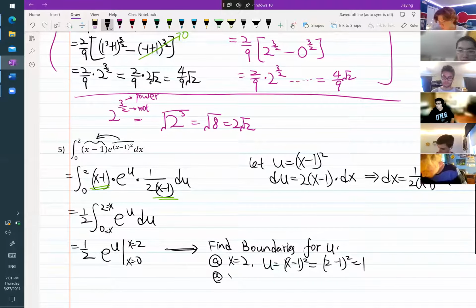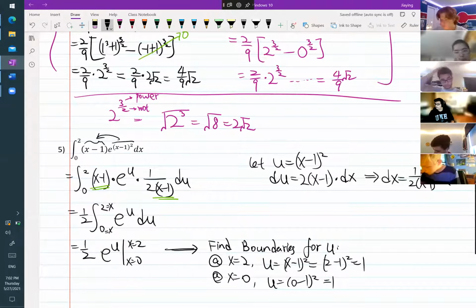At x equals 0, we get u equals (0 minus 1) squared, again a 1. Did I do it right? Yeah, I think that's right.